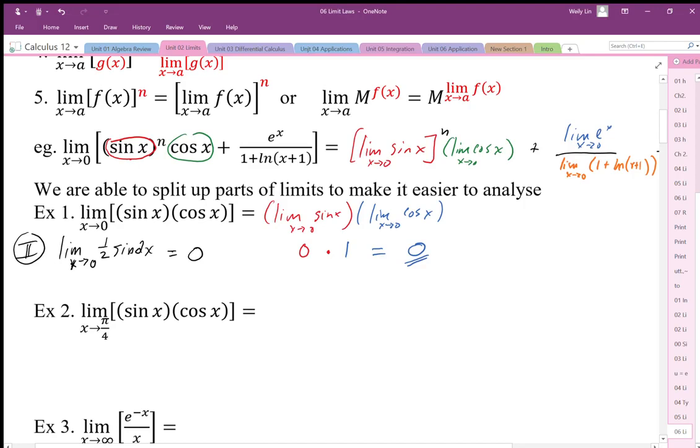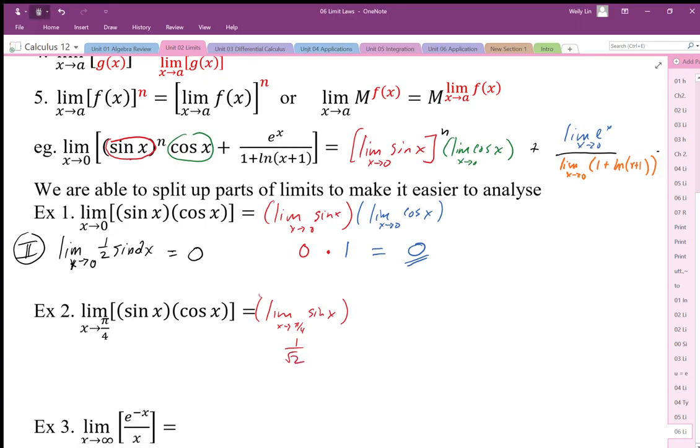So we could do the same thing here. We could use an identity, or we can, again, apply the limits independently of each other. Okay, so limit as x goes to pi over 4 of sine x is going to be equal to 1 over root 2.